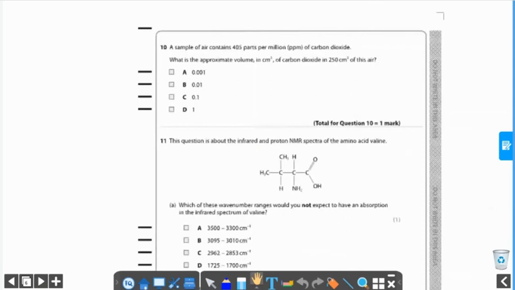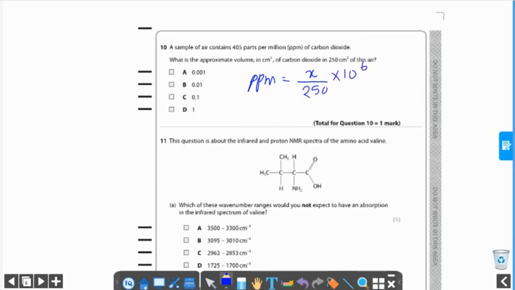A sample of air contains 405 parts per million of carbon dioxide. What is the approximate volume in cm cube of carbon dioxide in 250 cm cube of air? It is again an AS question, but you know the ppm, parts per million equation: amount of solute over the solvent into 1 million, right?